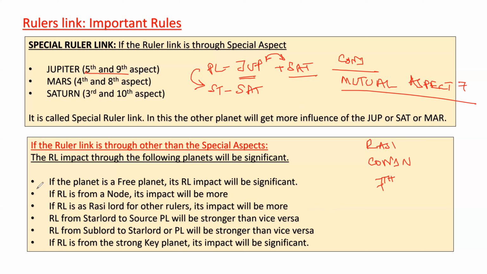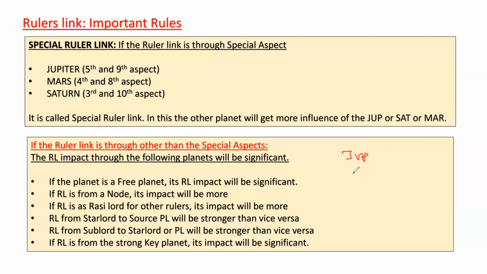How? If the planet is a free planet, suppose Jupiter, I'll put it this way. Suppose Jupiter is the planet, the star lord is Saturn, or the sublord also you can take. So the planet is Jupiter, the star lord or sublord is Saturn. Jupiter and Saturn are conjoined.